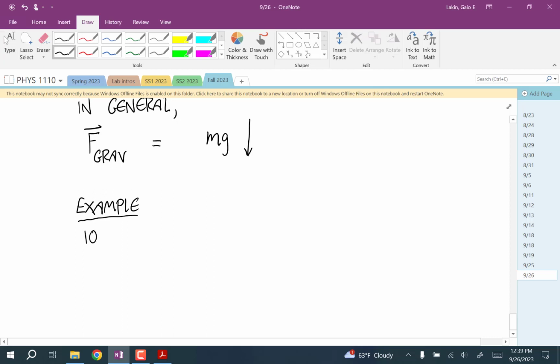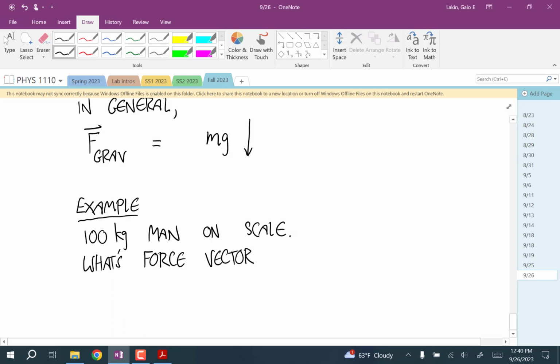Let's say that there's a 100-kilogram man on a scale. What's the force vector the scale applies to the man?